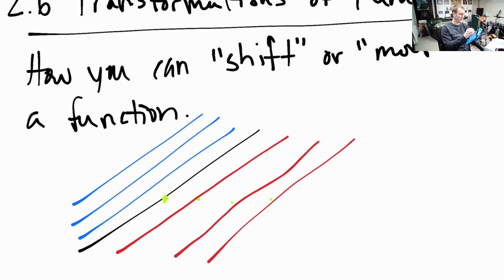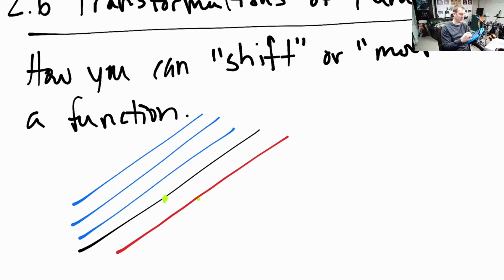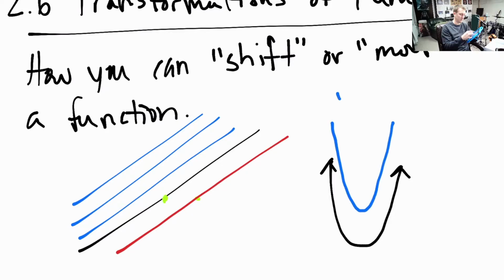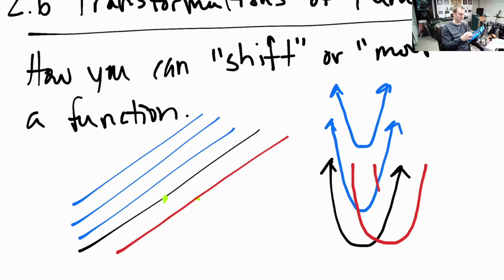A parabola is this cup-like shape. It comes from the graph of an x squared variable. Well, how do you shift it up? What do you do to it to do that? Or how do you shift it left or right? So what do you do to the graph of this thing to just move it to the right a little bit or a lot of it?